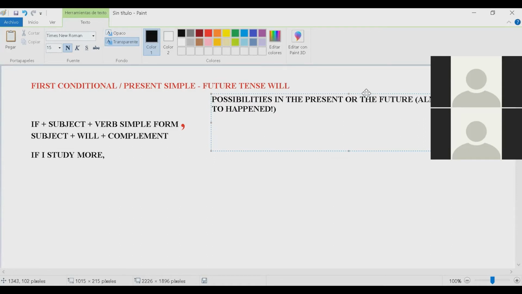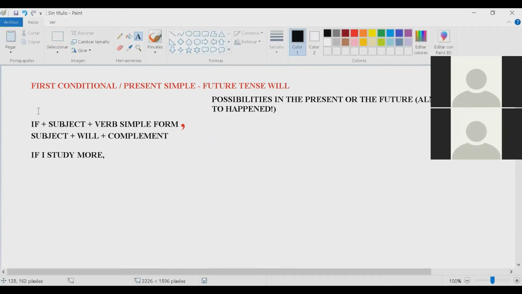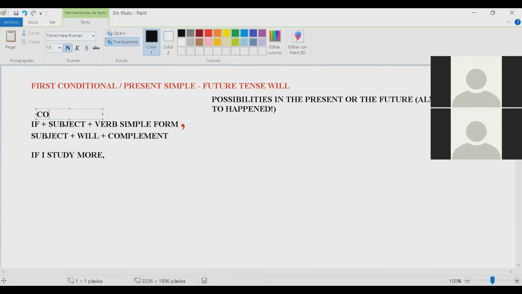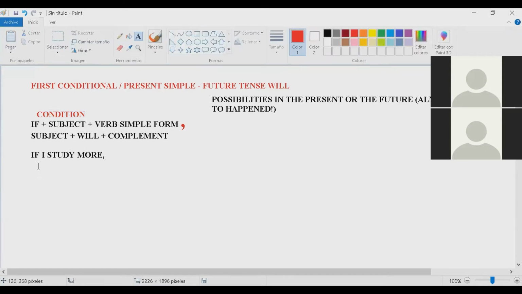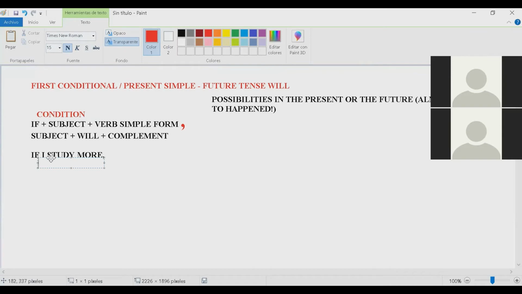Recuerden, guys, que if significa una condición, right? If this happens, si esto sucede, vamos a tener este resultado.